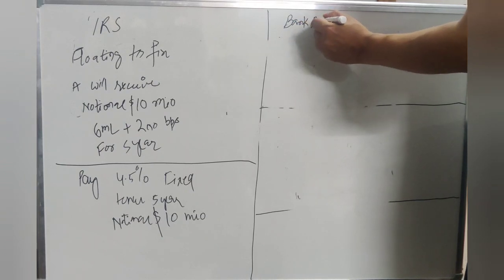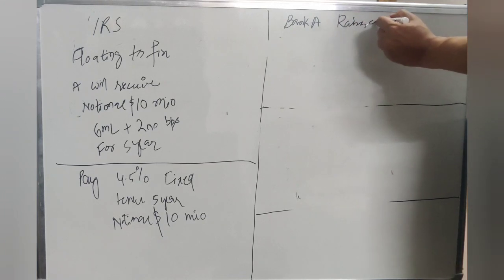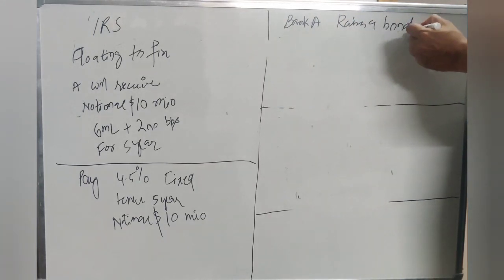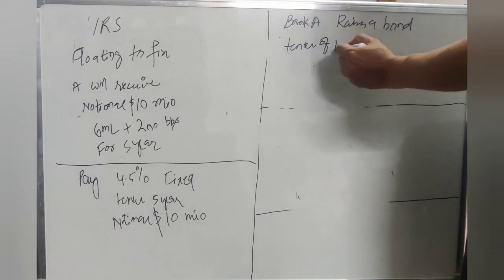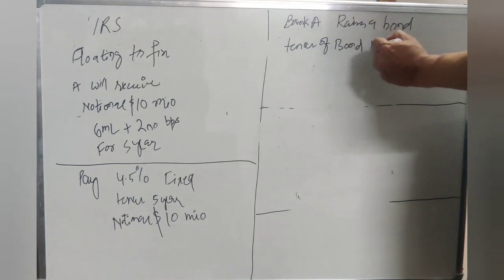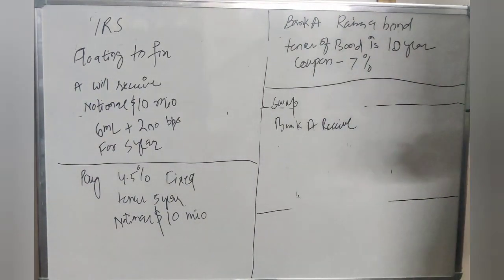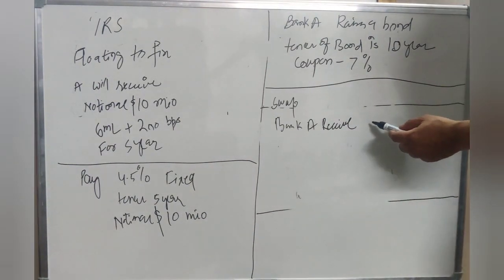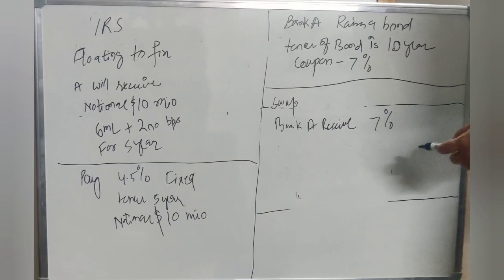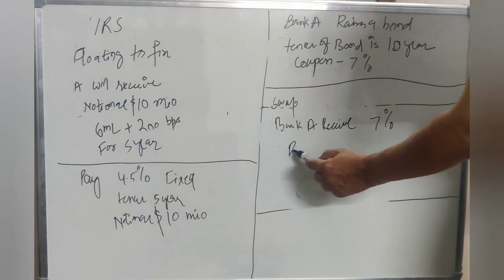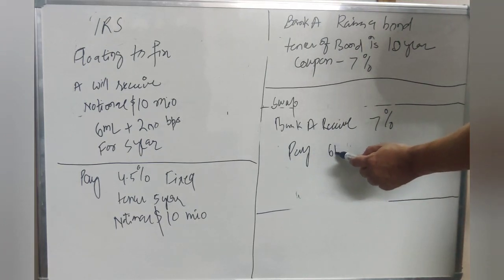Now one more example we can take for interest rate swaps. Let's suppose there is a bank A, and to fund their asset creation, they are raising a bond in the market, and the tenor of this bond is, let's suppose, 10 years, and the bond has a coupon of 7%. As the bank generally lends to corporates at floating rates, the bank is exposed to interest rate risk, as they have raised their liability at a fixed rate and have an asset with floating rates.